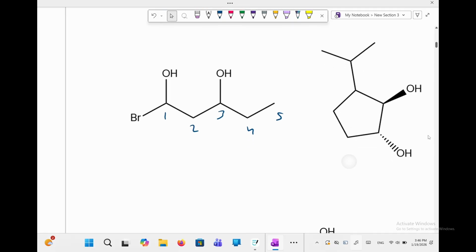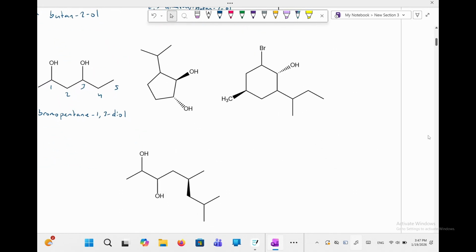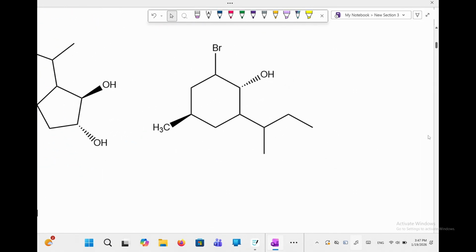That's going to be 1-bromopentane-1,3-diol. There we go. It's really not that bad, really not too hard.